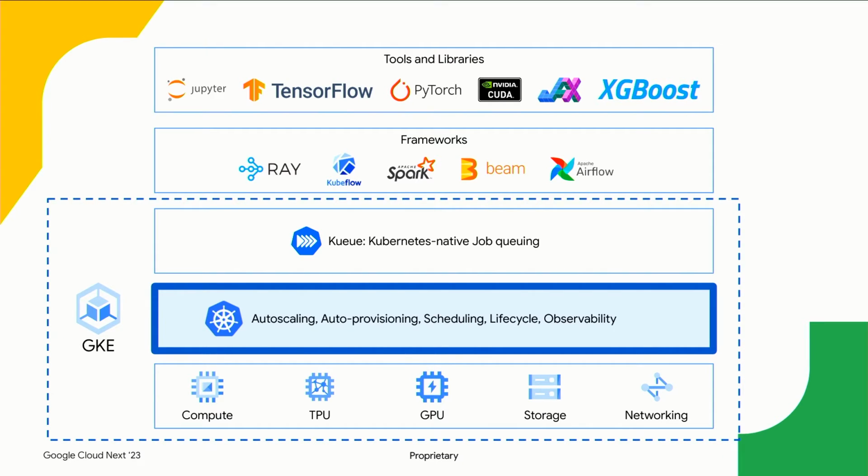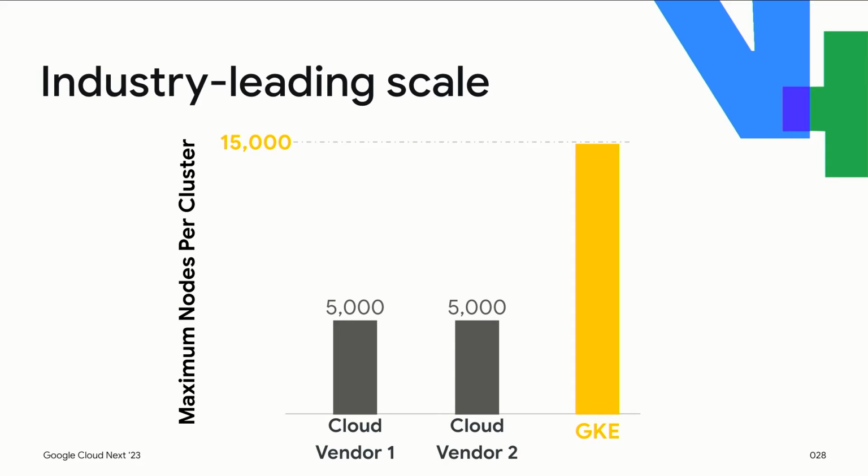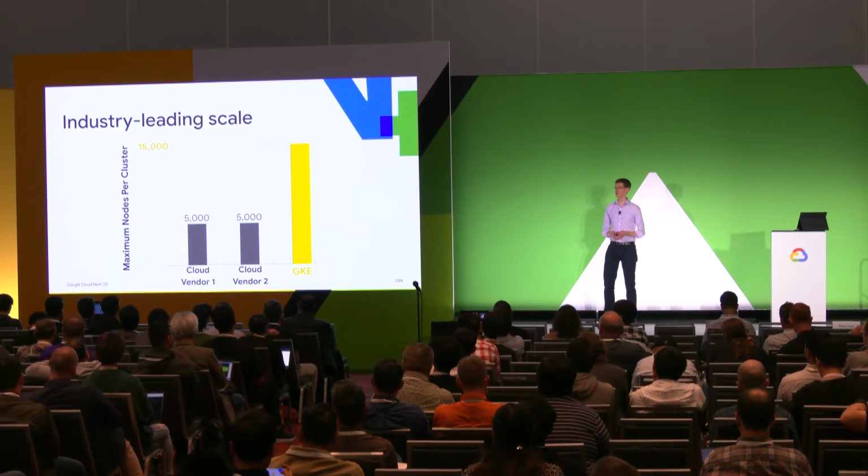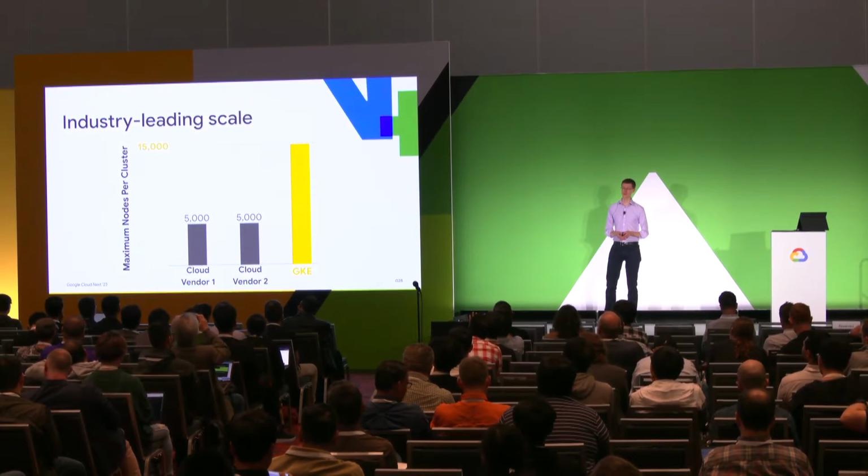On top of a diverse, powerful, and easy-to-use foundational platform, GKE adds the very best of our managed Kubernetes offering. GKE supports the training of massive ML models by scaling to as many as 15,000 Kubernetes nodes in a single cluster, outscaling other public clouds by up to 3x.